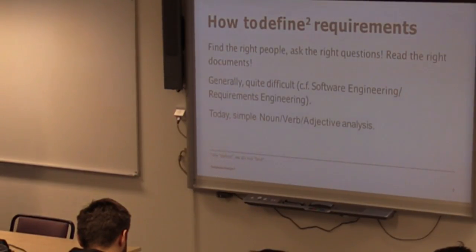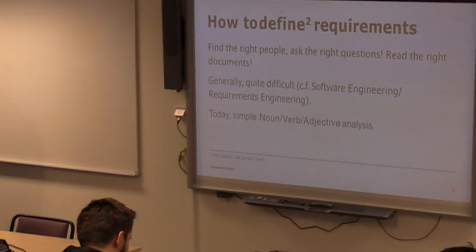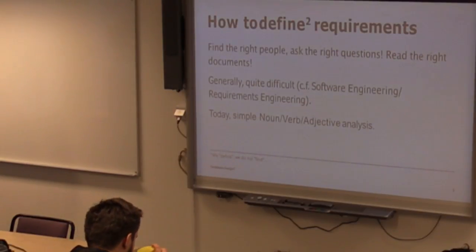So, a simple way to start to figure out the requirements is to find the nouns and the verbs and the adjectives. I usually start with the nouns because that's the simplest version of it. I try to find and create a list of them. I get a piece of paper and start to write down the nouns that I find.